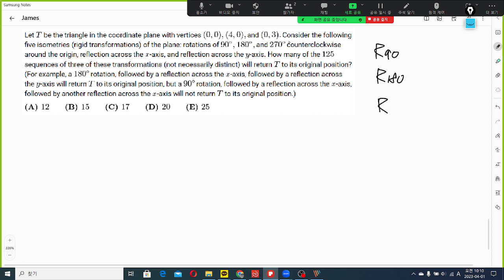And for the 270 degree rotation, I would say R minus 90, which is equal to the 90 degree clockwise rotation. For the reflection across the x-axis, we can say that's horizontal reflection, and reflection across the y-axis, we can say that's vertical reflection.